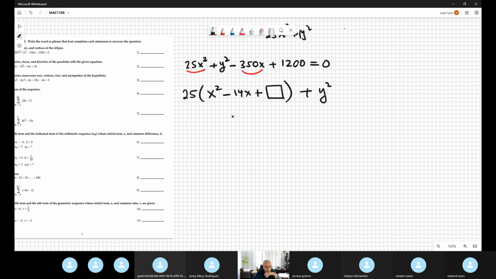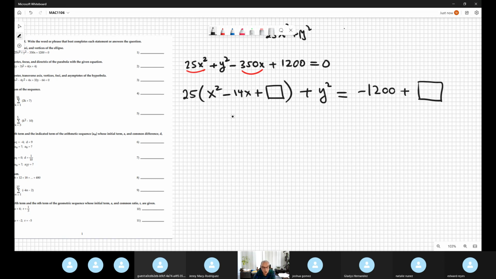Okay, equal, then I put in the right hand side minus 1200 plus another box that I have no idea what the number is you plug in. Do you understand the organization of this or no? Yes or no?